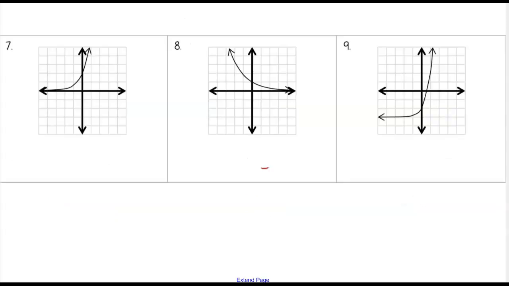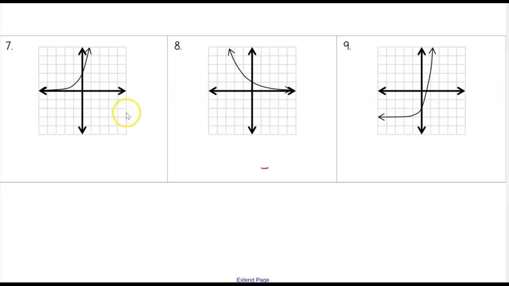Okay, let's take a look at a few more things. You thought that was easy. This might be even easier. All we have to do is look at the line and see if it goes up from left to right or down from left to right. See if you can figure it out. Look at all 3 of these. If it goes up from left to right, it's growth.